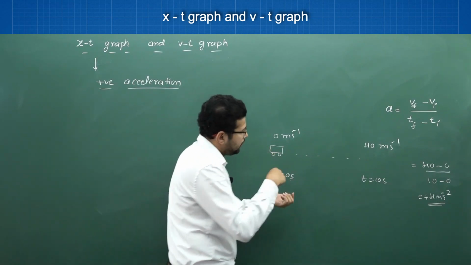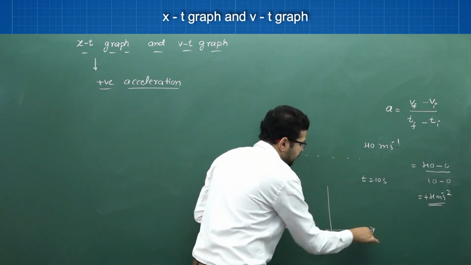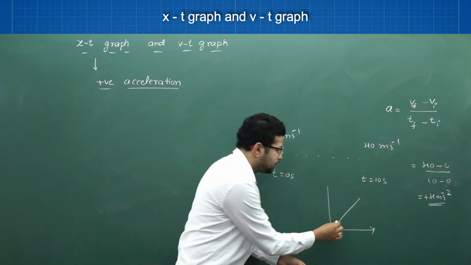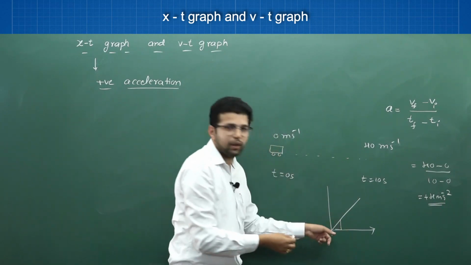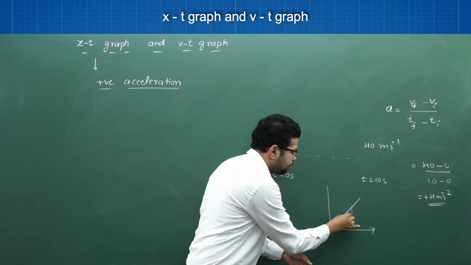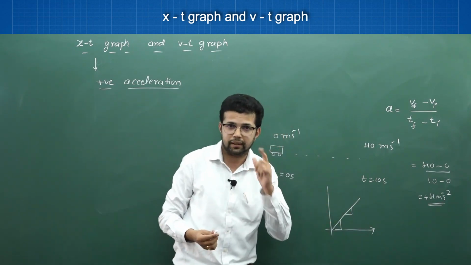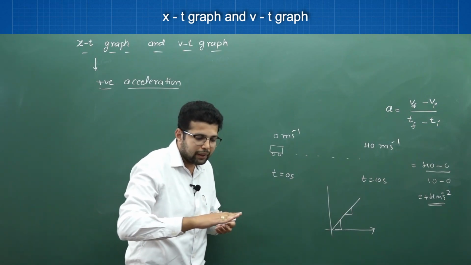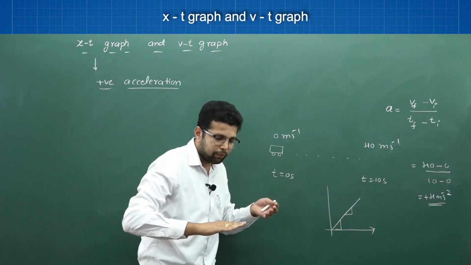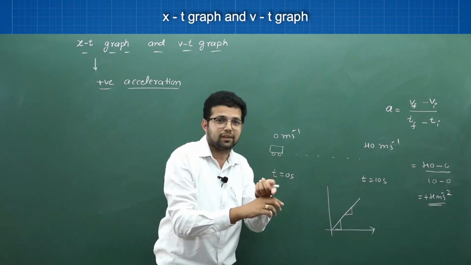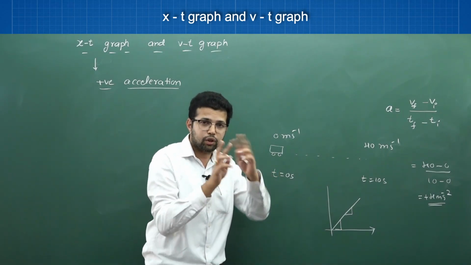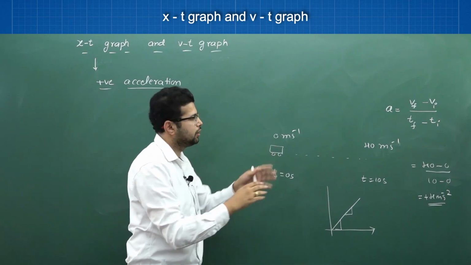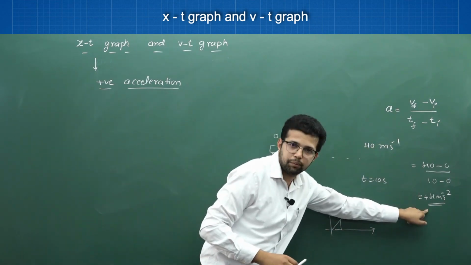Previously, we drew an xt graph for uniform velocity, wherein the graph had a constant slope, because the slope of a straight line is constant. Here, slope should go on increasing, because when the slope increases, velocity also increases, and when the velocity is increasing, it is positive acceleration.